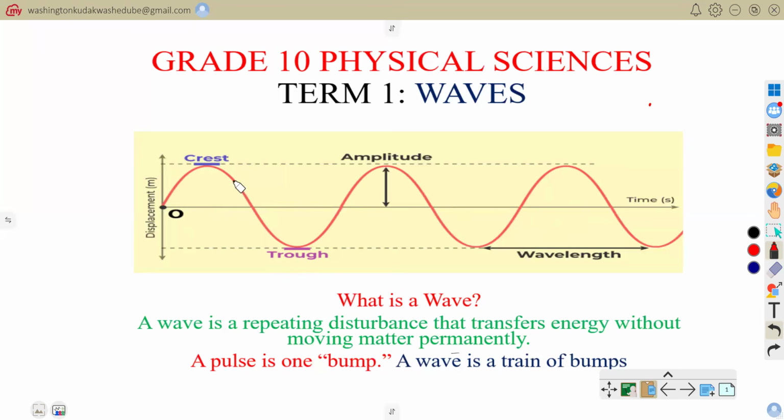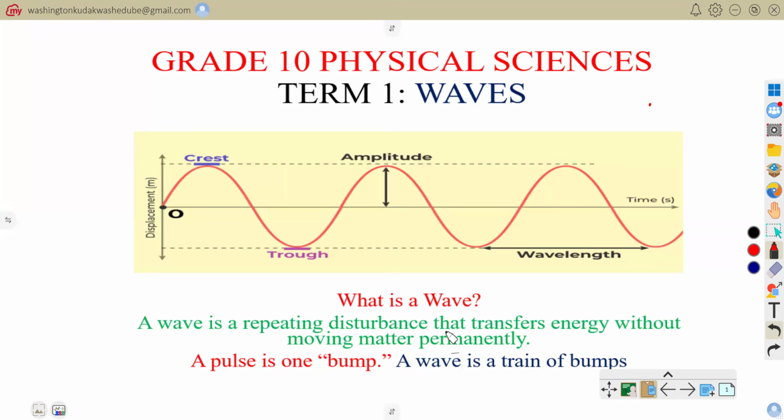So this picture that you can see here is an example of a wave, where a wave is defined as a repeating disturbance that transfers energy without moving matter permanently.